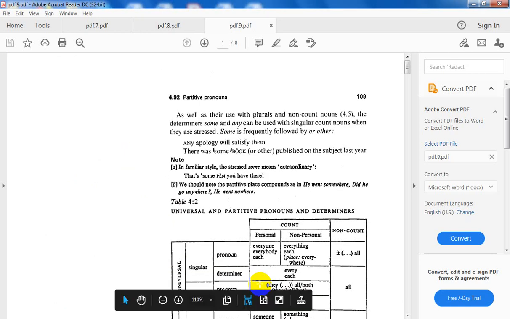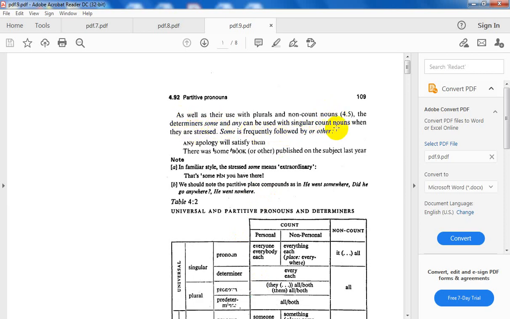If you look here, as well as their usage with the plural and non-count nouns, the determiners some and any can be used with singular count nouns when they are stressed, and they can be used with singular count nouns when they are unstressed. Someone or some is frequently followed by or other.